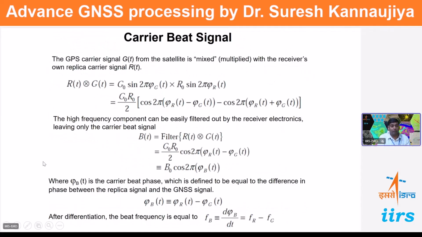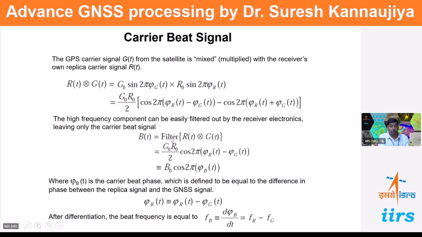When we multiply this carrier wave signal with this replica signal, here you can see we are mixing the replica signal with the GPS carrier wave signal. Then we have to eliminate the frequency component, because we don't want it, as it is producing more error. So when we eliminate this, it will leave only this component.